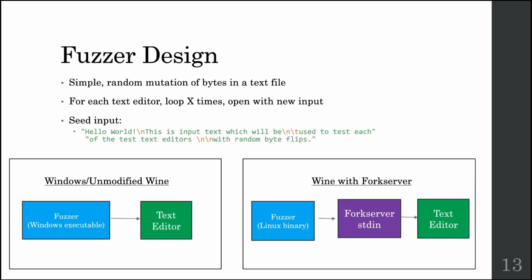For the fuzzing executable to test the text editors in Windows, we went with a very simple approach written in C++. All it does is take this seed file and randomly select between 1 and 10 random bytes, flip them, and then attempt to open up the text editor with the mutated input. It does this 500 times for each text editor, the only exception being Vim.